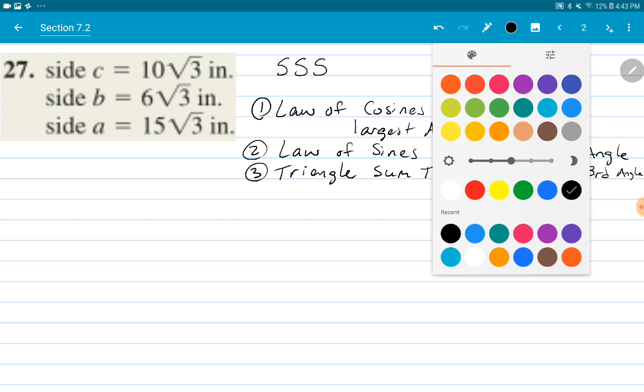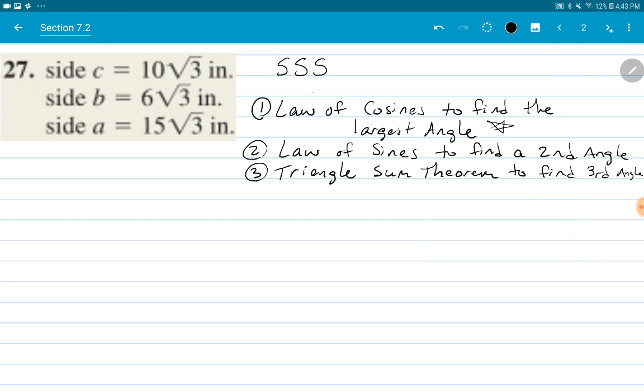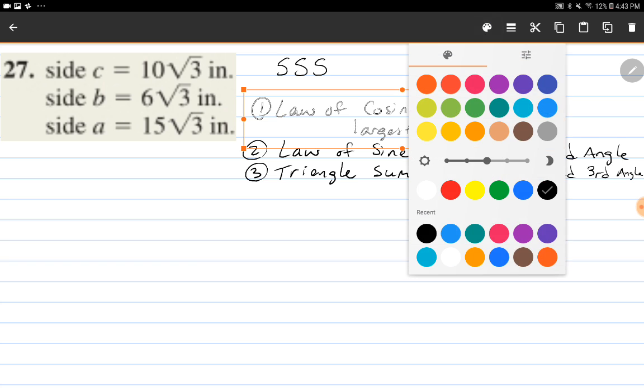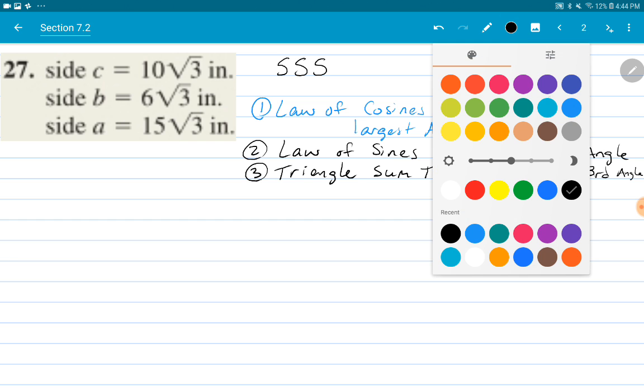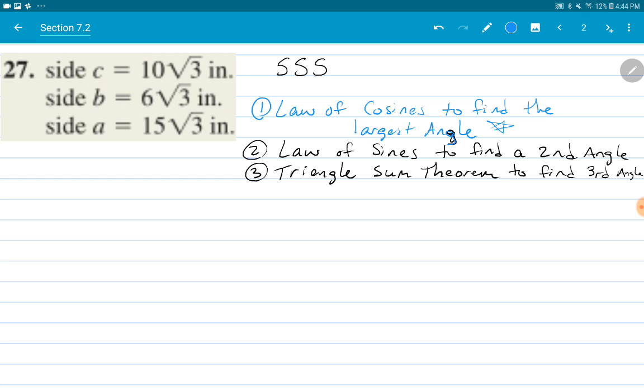Okay, so let's do this first one. First step in blue. So the law of cosines, I could start with the largest angle. So that means I want the largest side. So the largest angle is across from the largest side. There we go.